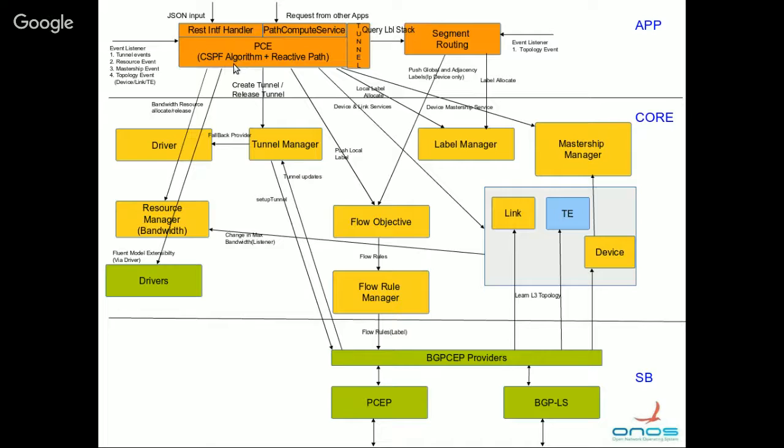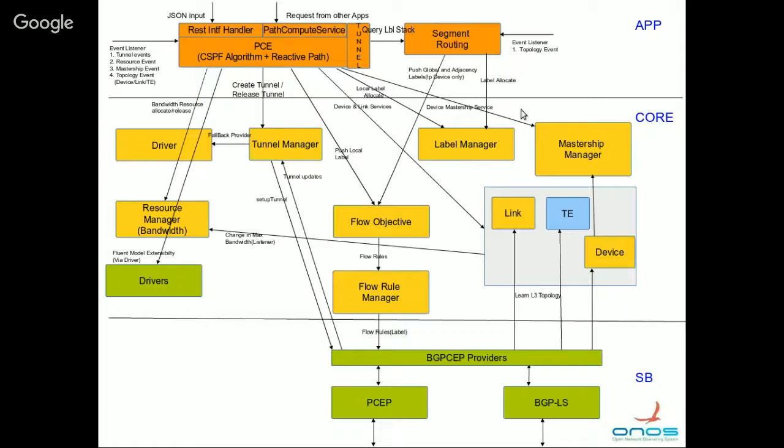Basically, we want to use the CSPF algorithm, which is a basic Dijkstra's algorithm, and we have a reactive path. This is for resiliency, which keeps monitoring for any network events and alters the path. We want to have service interfaces in JSON as well as for the other apps. And we want to use segment routing for SR based PCECC.